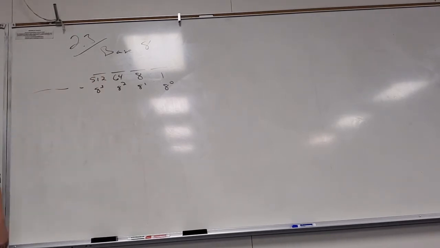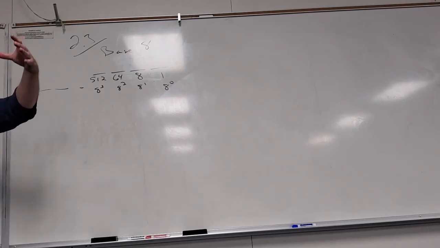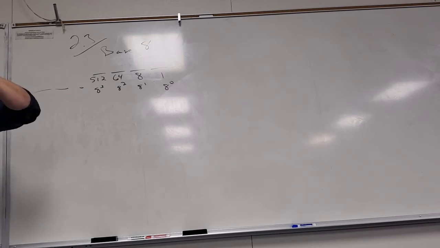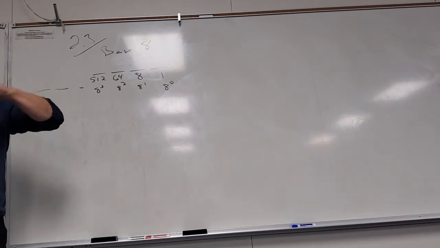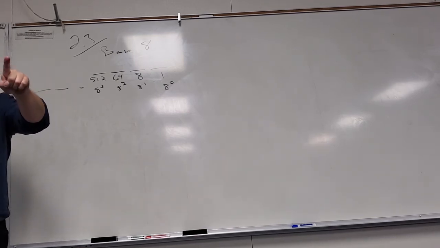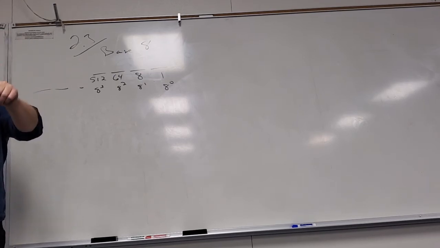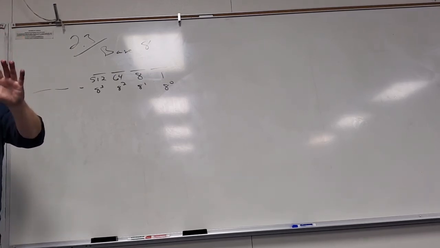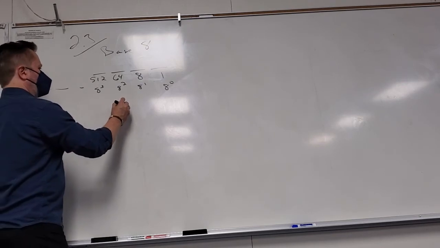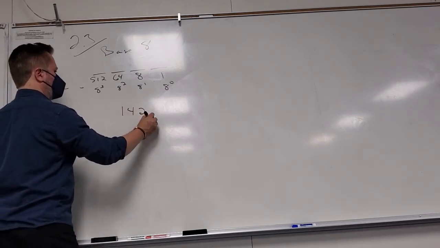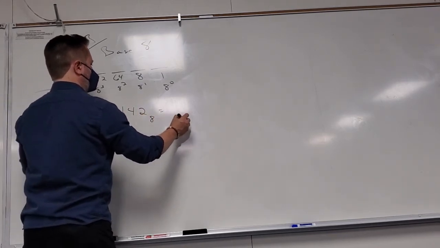Alright. So, never forget this. If I give you something and ask you to convert it to our system, that's easy. It must be easy. So if I said I've got 1, 4, 2 in base 8, can you bring that to base 10?